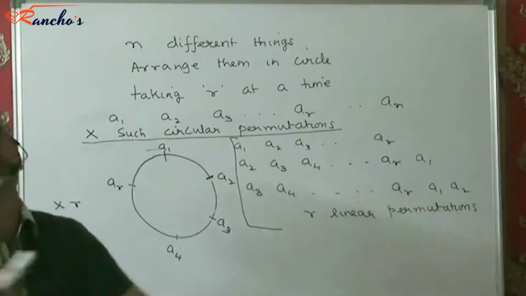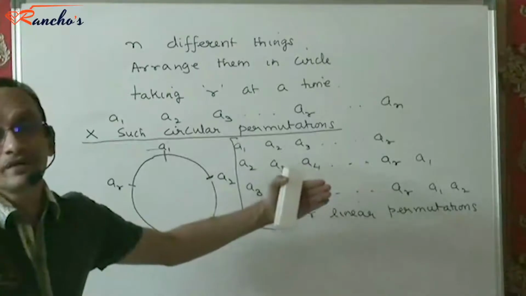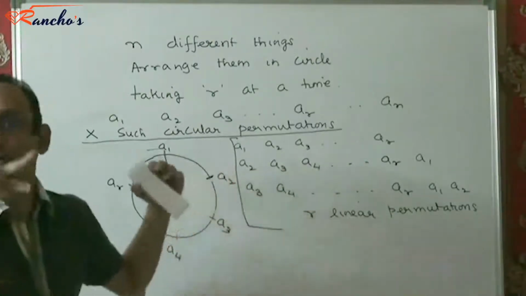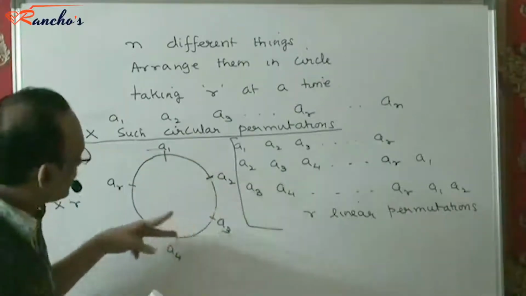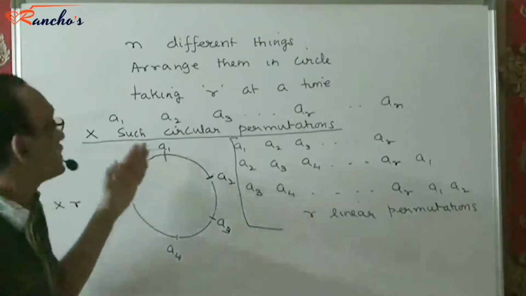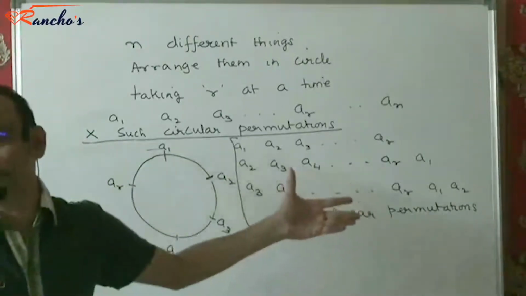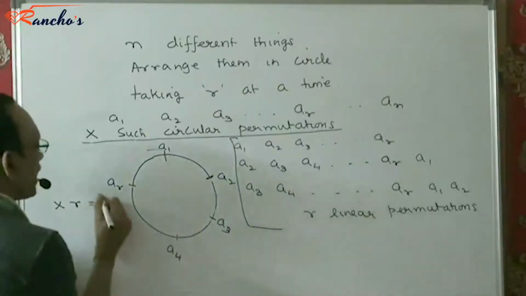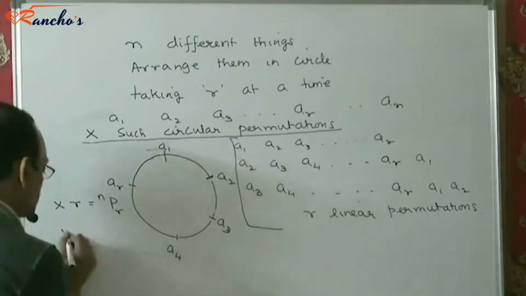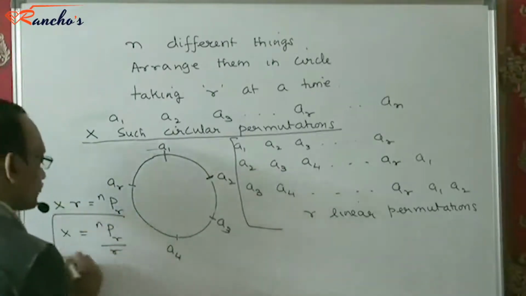I took a circular permutation and cut it at a1, a2, a3, a4, in r ways. So rx is the total number of linear permutations of n things taken r at a time, and that would be nPr. So then x would be nPr by r.